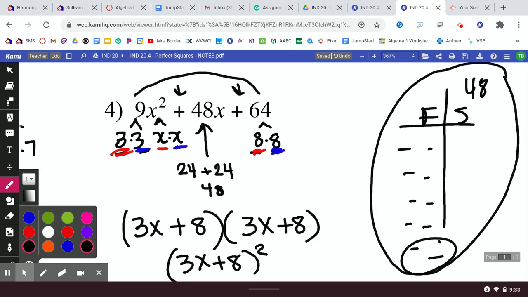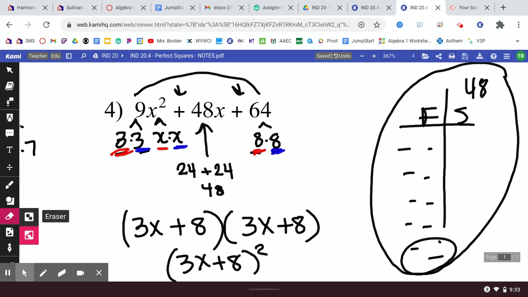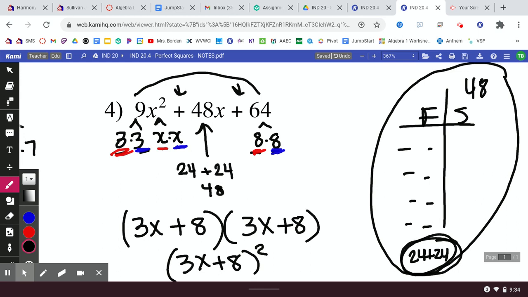It's a shortcut. If you don't get there, you would eventually figure out that, let me erase these, when you go down the line of the factor sum table, you would eventually get to 24 and 24 multiplied by each other gives you your factor, and they add up to 48, and 24 and 24 would be your winning factors.